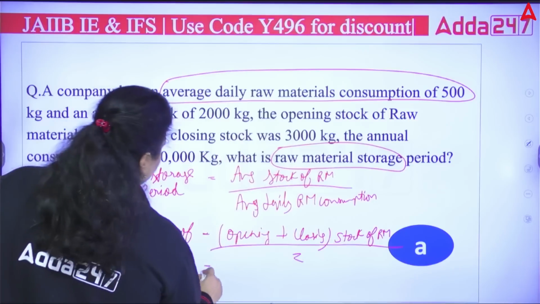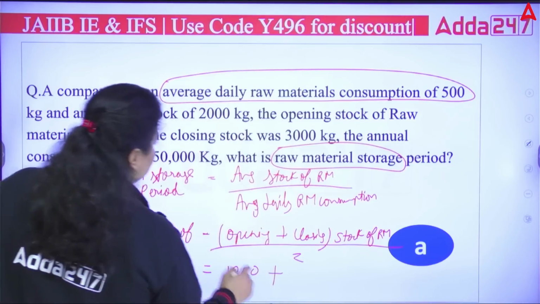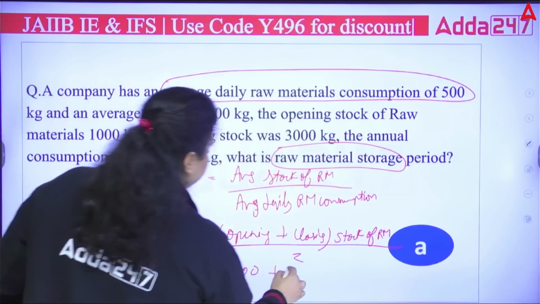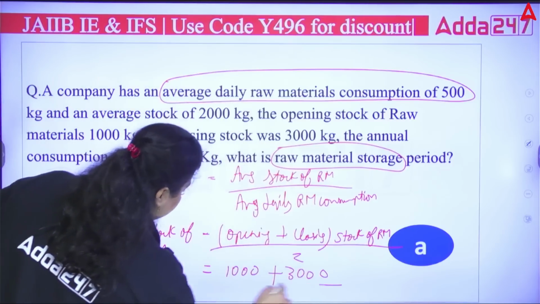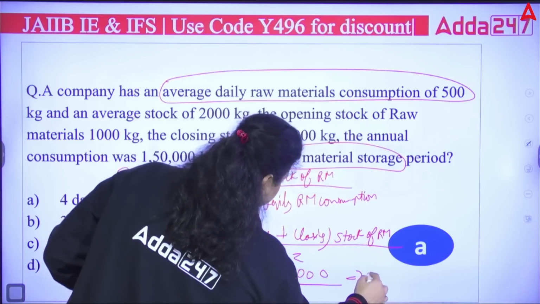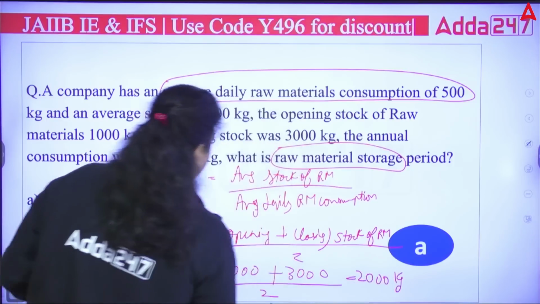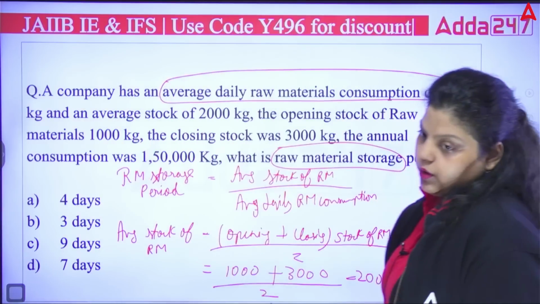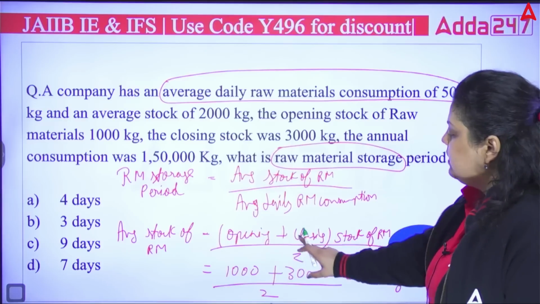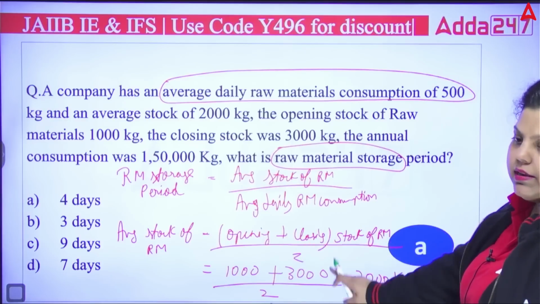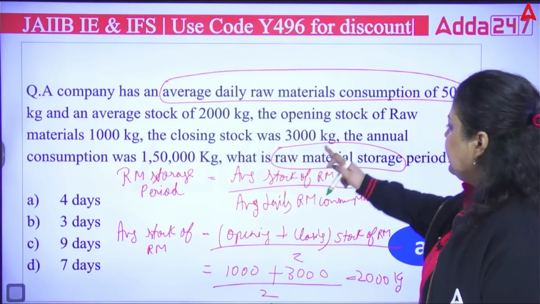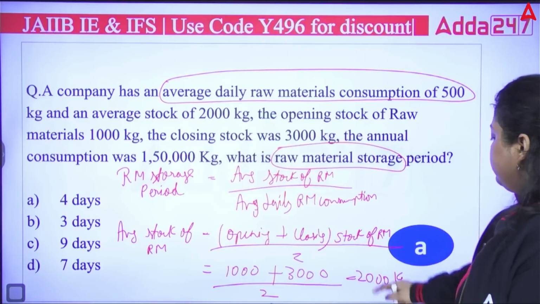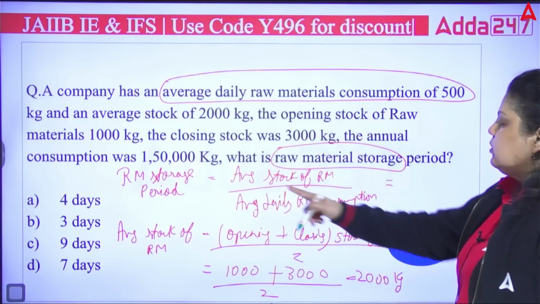Opening we have 1000, plus closing we have 3000, divided by 2, you get 2000. So 2000 kg is your average stock of raw material. Simply opening plus closing stock divided by 2. So just put the value in this formula.